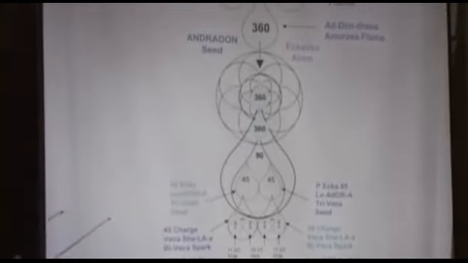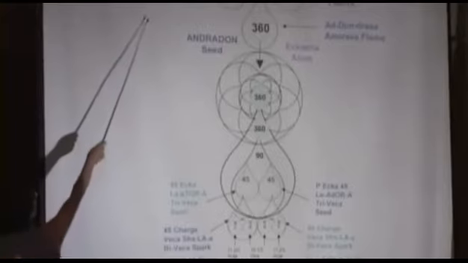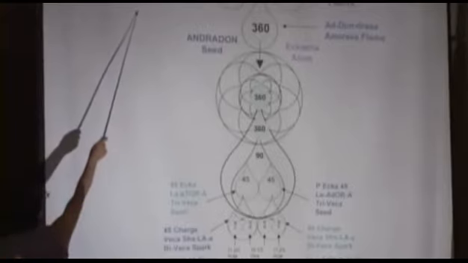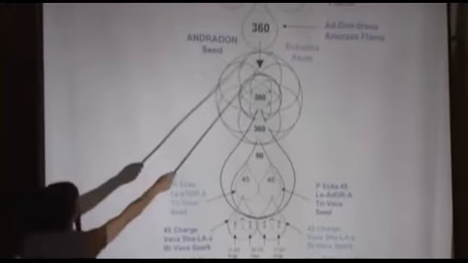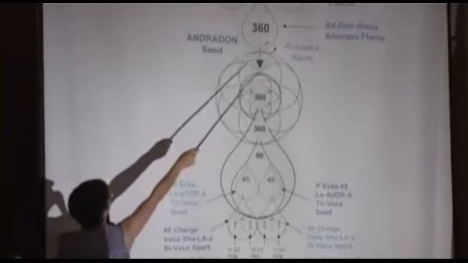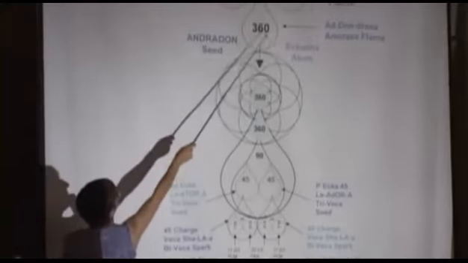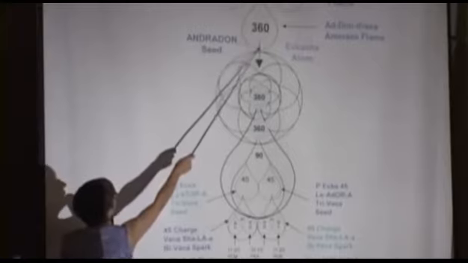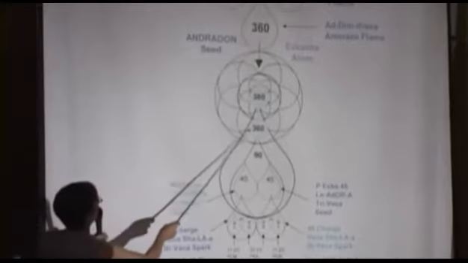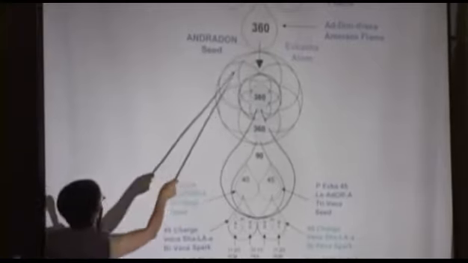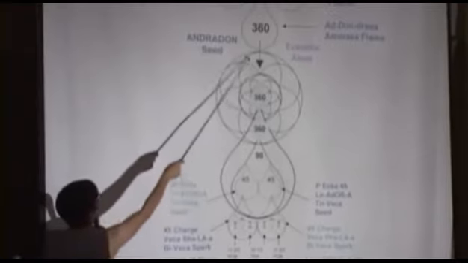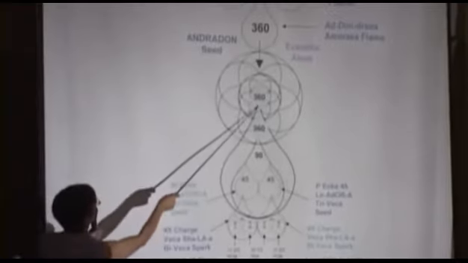So it starts with, at the top, the Adondra 360 flame that breaks itself down into an Iane Ettore seed flame and an Adane Adore seed flame that then recombine, and we have the Androdon Akasha seed atom that has its 360 flame.